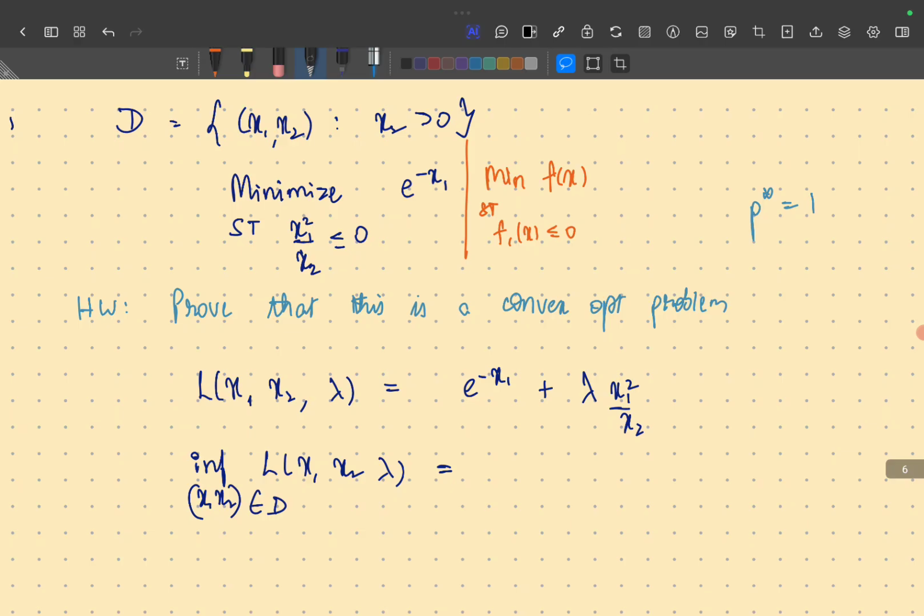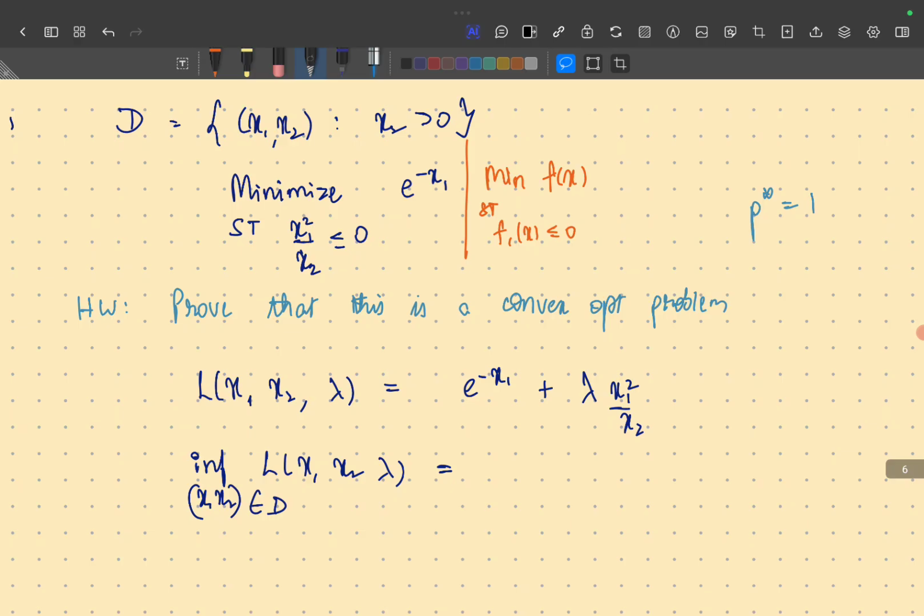Again, let's go back to the question that I just asked. If you just set gradient f equal to 0, under what conditions on x will you get a local minimum? It is an interior point, right?